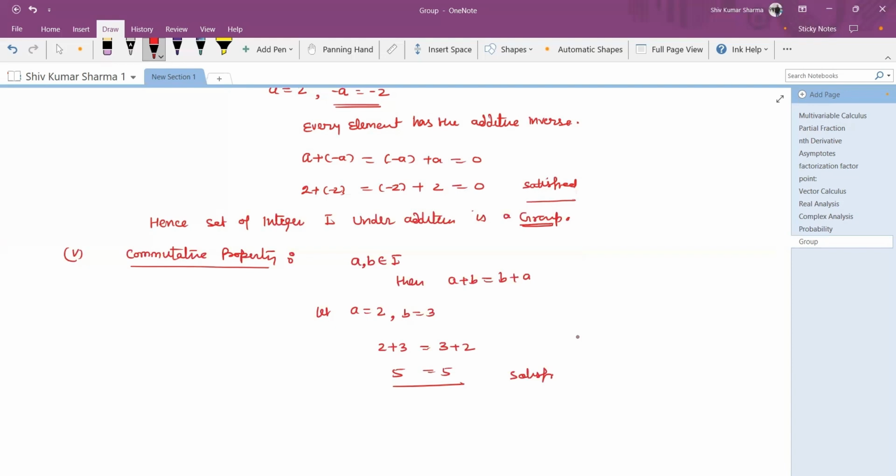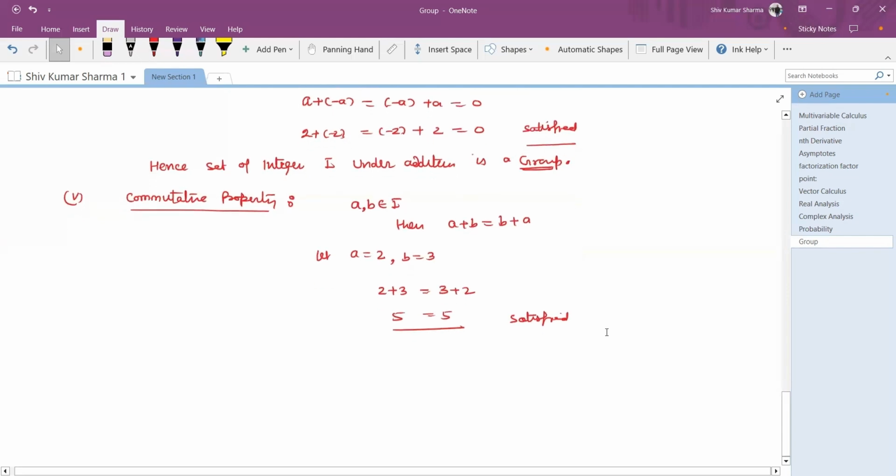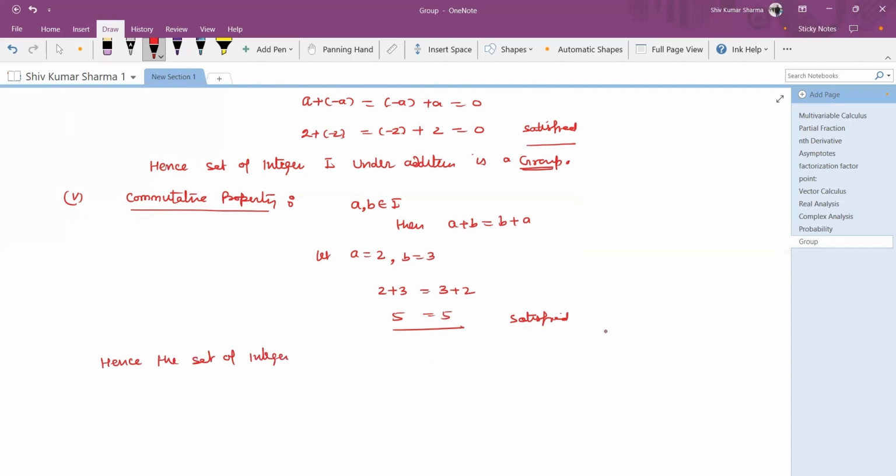So you can take any two values from the set of integers and apply the commutative property, and it is always satisfied. If the commutative property is satisfied, then hence we write that the set of integers under addition is an abelian group.